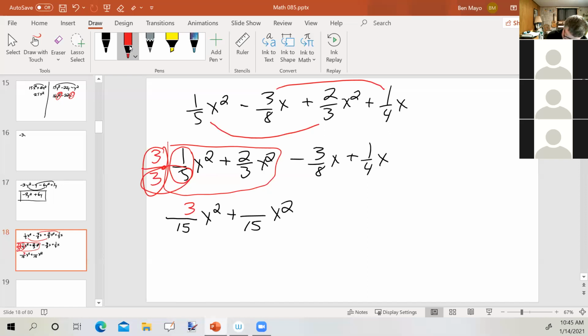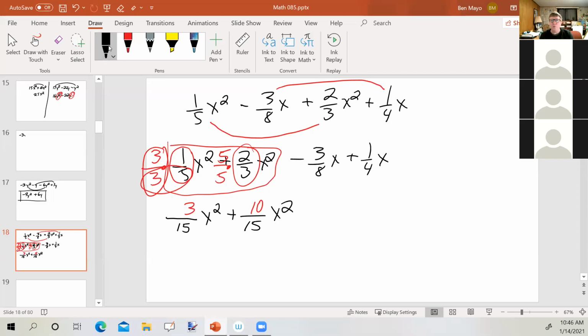All right. Here, I need 2/3 to be something over 15. So I'm going to multiply the denominator by 5, which gives me 15 in the new denominator, which means I'll multiply the numerator by 5 and I get 10. So 2/3 becomes 10/15.